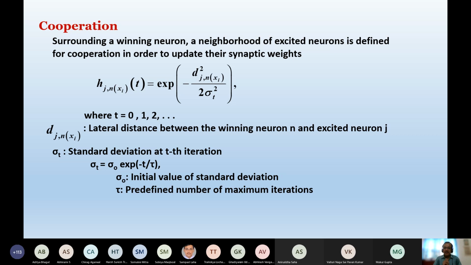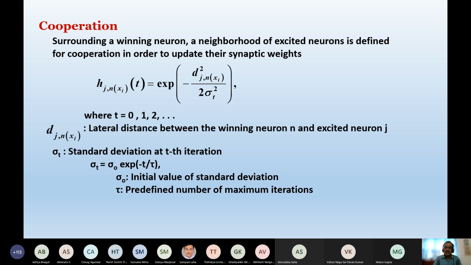Now, another very important thing which I'm going to tell you is sigma t, the standard deviation at the t-th iteration. This standard deviation is not kept fixed. It will be considered a variable, and I'll tell you the reason.